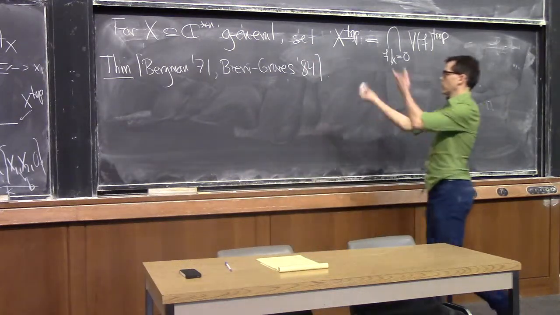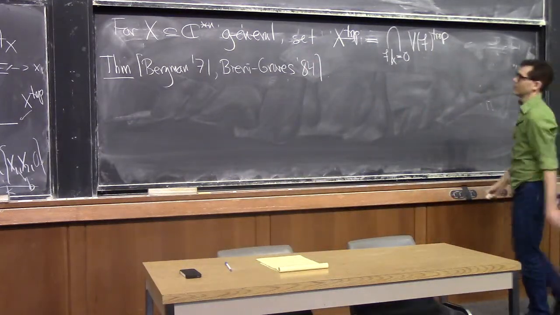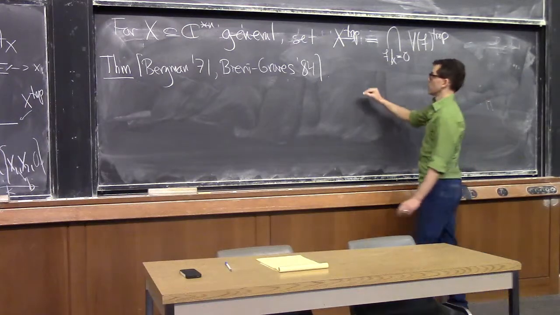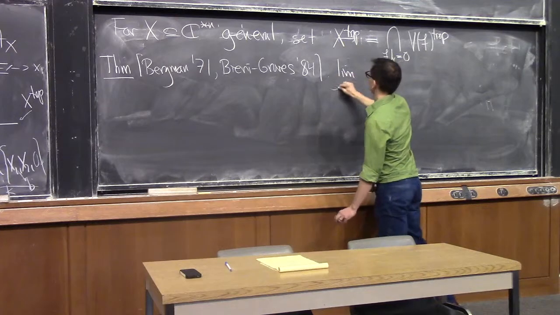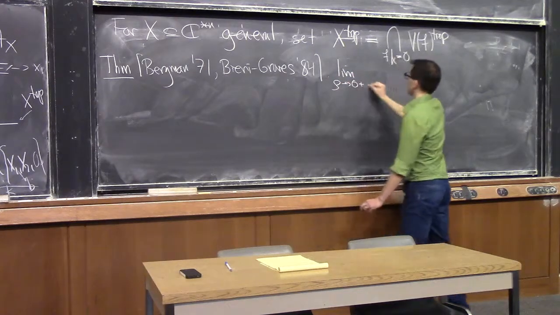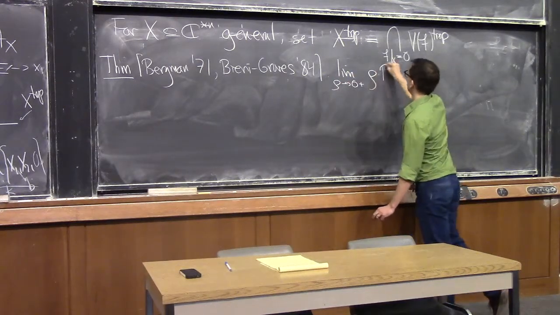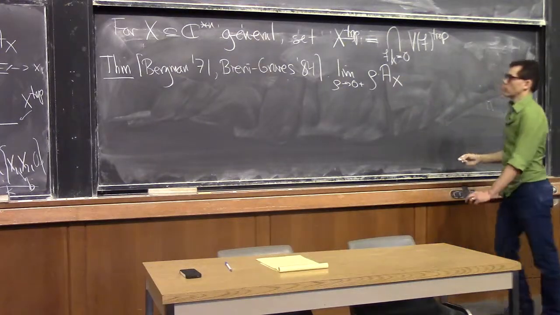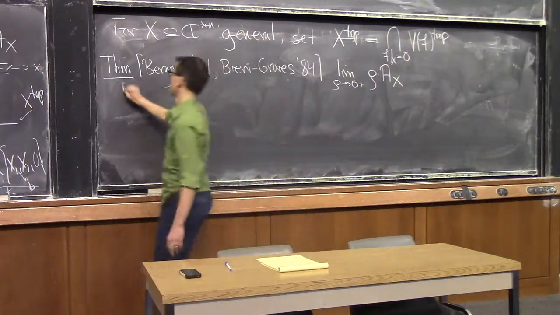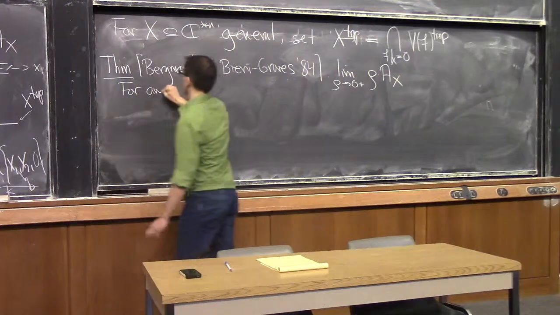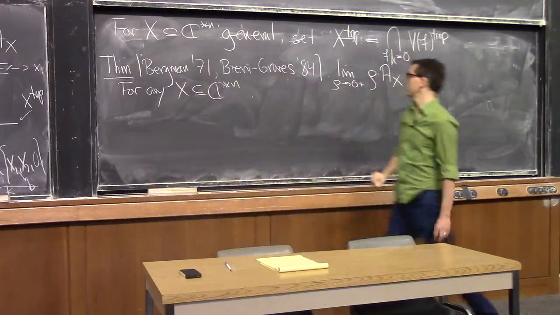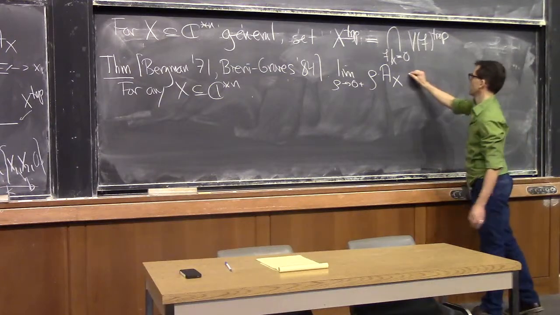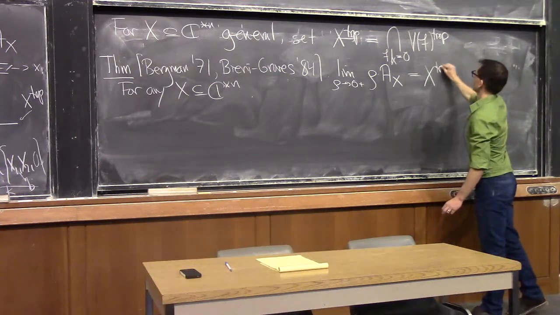If you combine results in there, you can extract, although it's not exactly stated, that the limit, I'll explain what I mean by this, if I rescale the amoeba, for any x inside (C star)^n, this rescaled limit of the amoeba is equal to x trop.